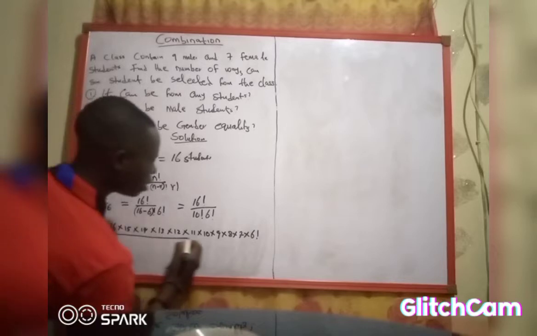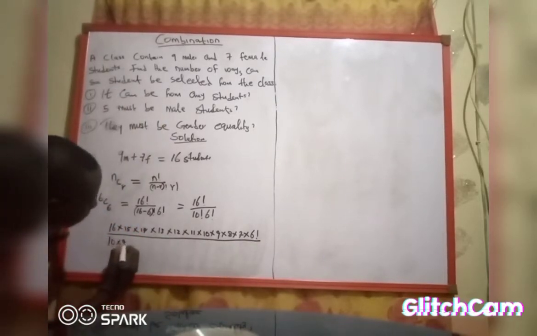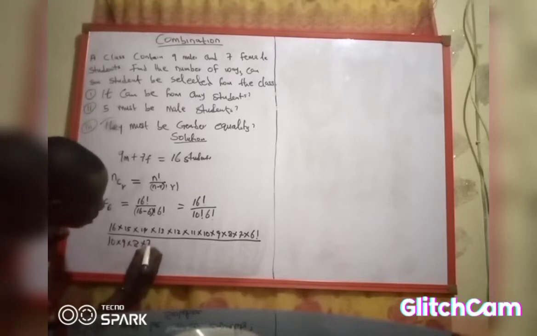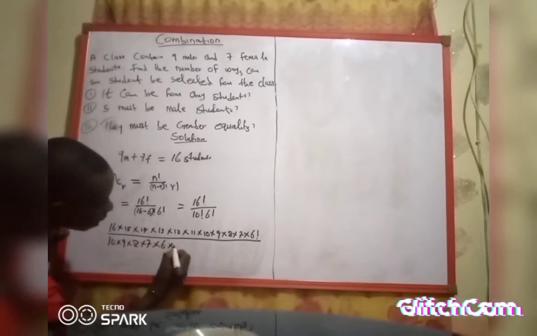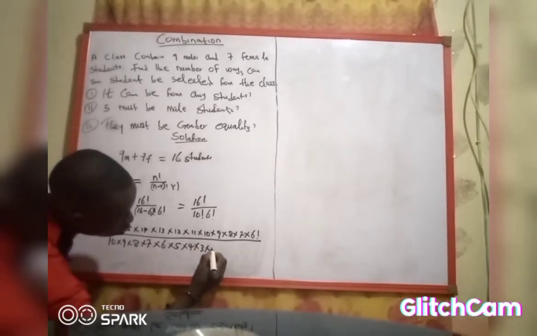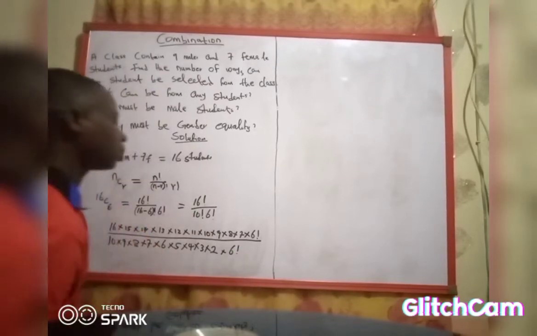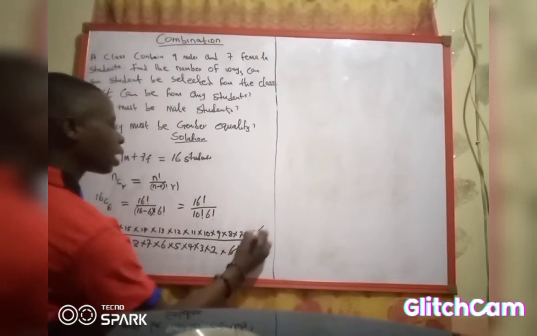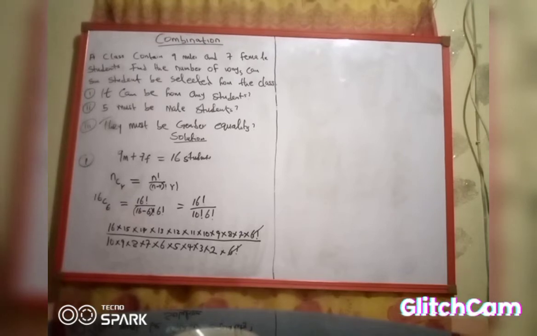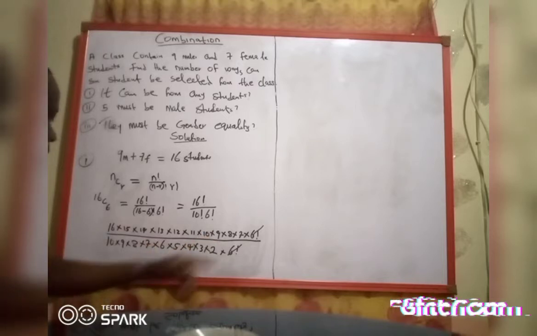Then divided by 10 factorial, which will give me 10 multiplied by 9 by 8 by 7 by 6 by 5 by 4 by 3 by 2, and we have 6 factorial here, so that this 6 factorial can go with this 6 factorial. So here now I have 10 to 8 here.